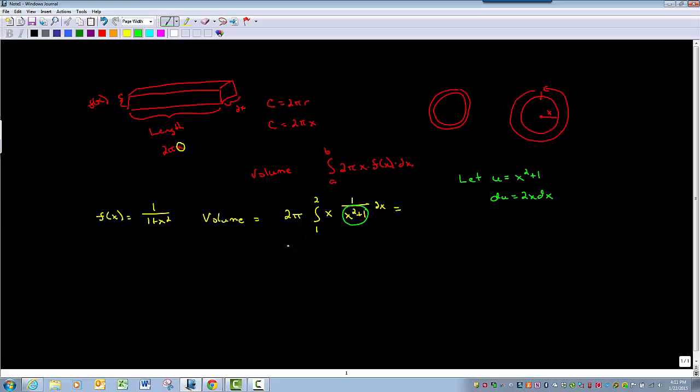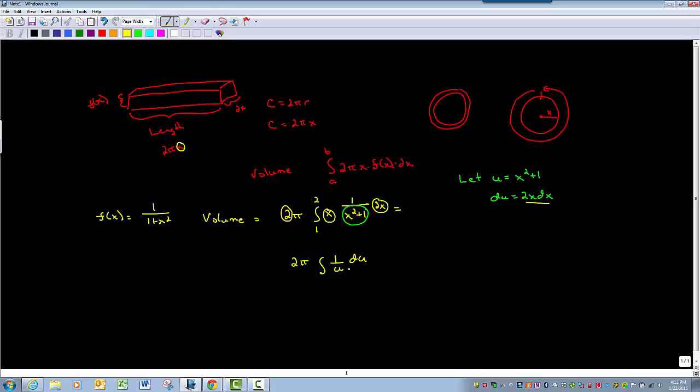So what do I get over here? Well, I get 2 pi times, now I've got here's a 2, here's the x, here's the dx. So these put together give me this. If I take those three pieces out, I can replace them with du. So that will be 1 over u du.